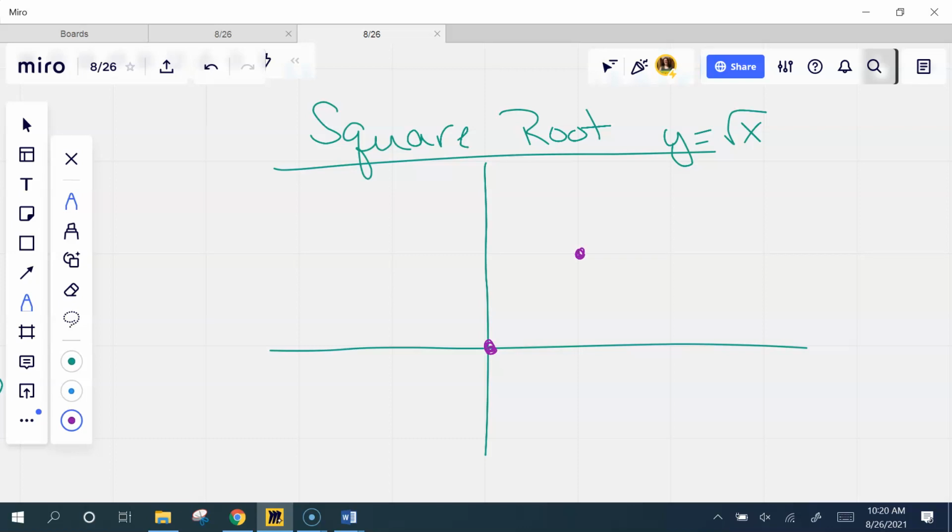If I had another, I'd probably go out to 4 and do 4, 2. That's enough, just enough to where you can pick up the pattern. I'm just showing you how it's a parabola on its side. 1, 1.